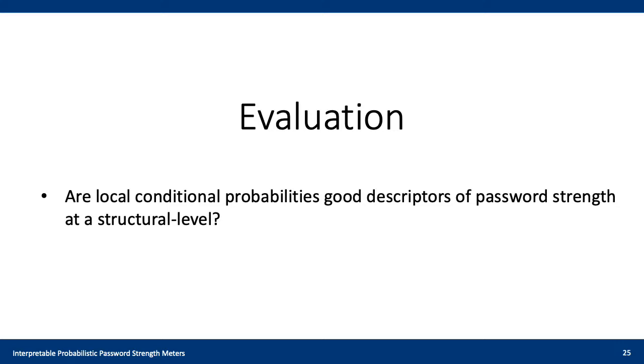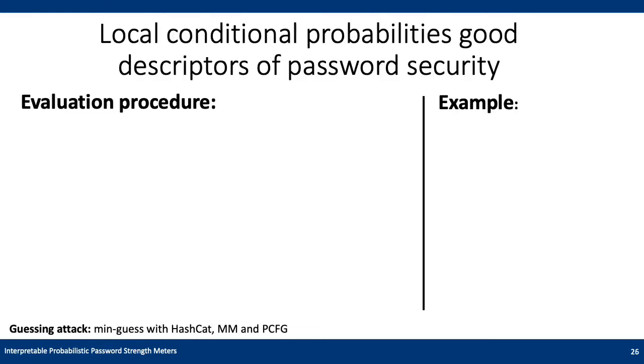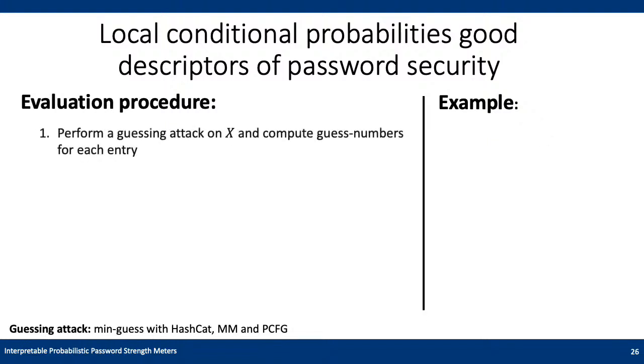In this final part of the talk, we present empirical results to demonstrate that the local conditional probabilities are indeed good descriptors of password security at structural level. To this end, we measure the security improvement induced by perturbing passwords according to the local conditional probabilities. This evaluation follows 4 steps. Given a set of passwords, we perform a guessing attack on all the passwords in the set, so as to estimate their guess numbers.